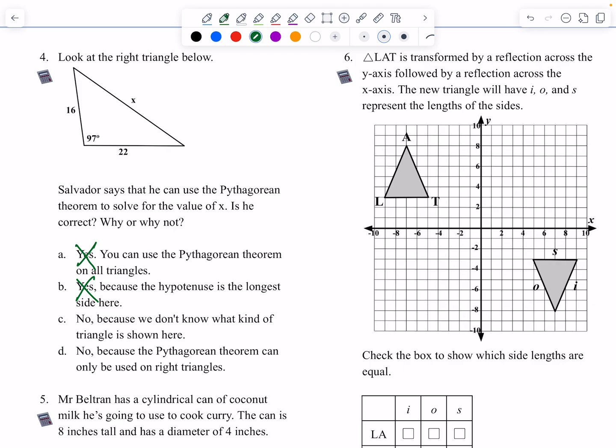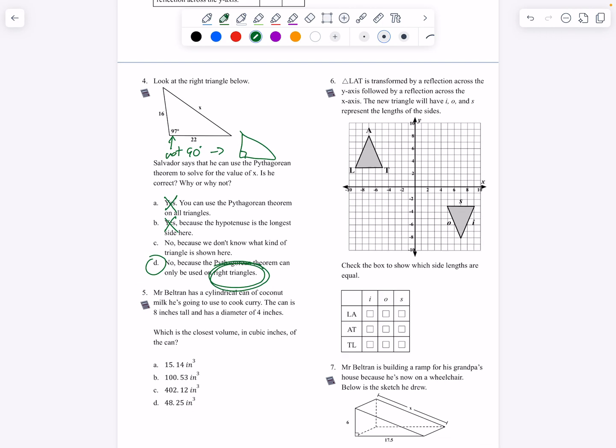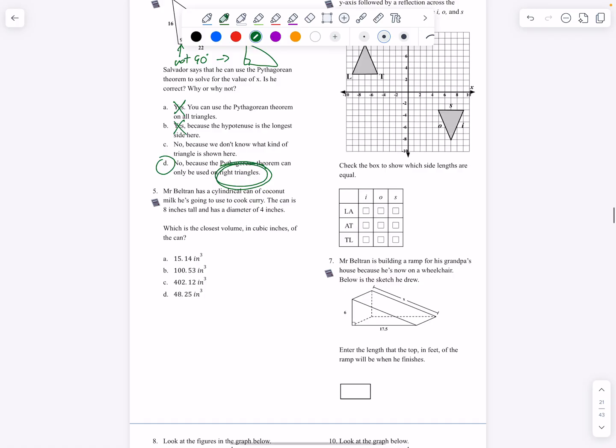Because we don't know what kind of triangle. Pythagorean can only be used on right triangles. That is not 90. You need a square, right? 90 degrees, remember? So it has to be like this, 90 degrees.